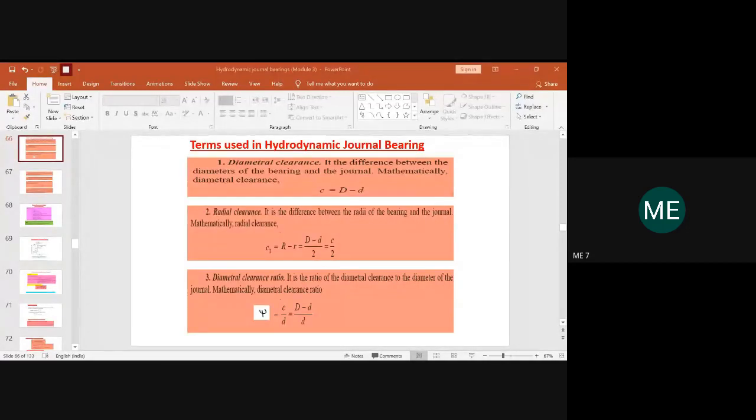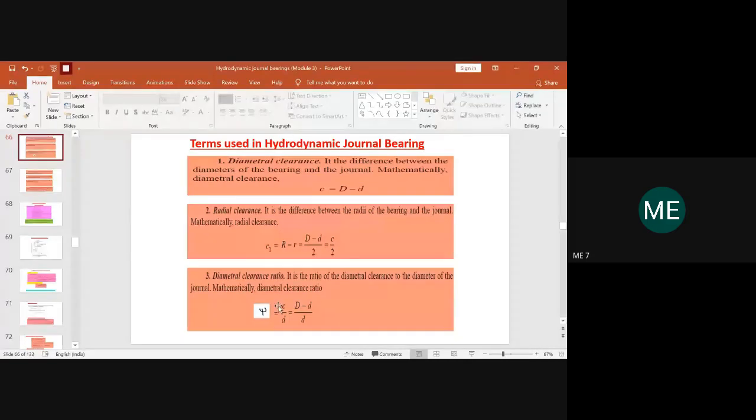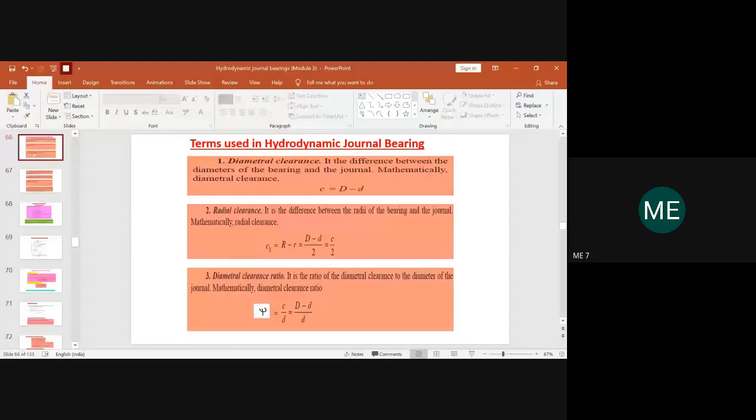Now in the question, they have given us the value of diametrical clearance, not the diametrical clearance ratio. So in the equation, we cannot directly use the mentioned equation.